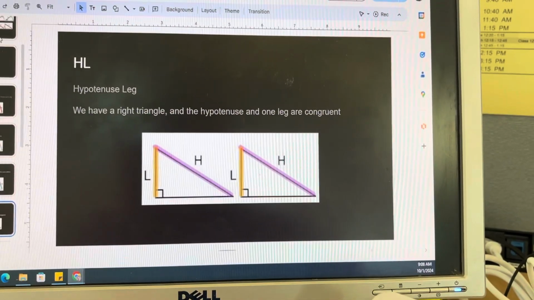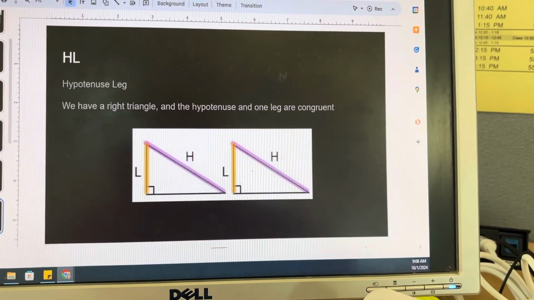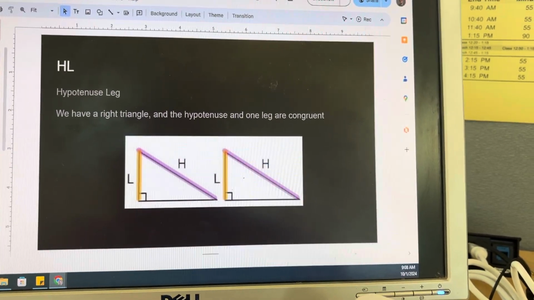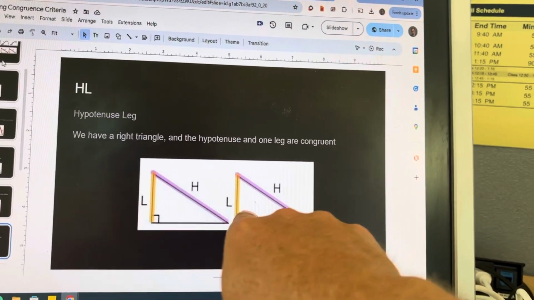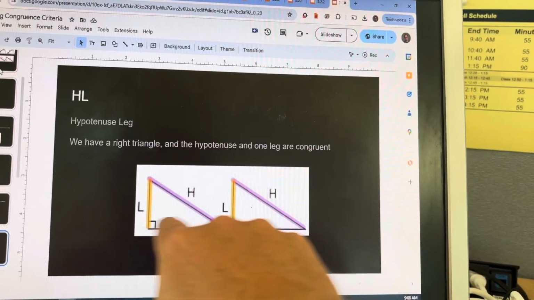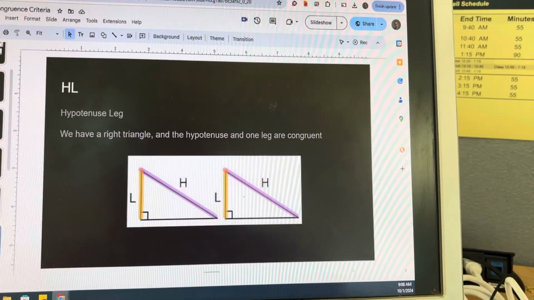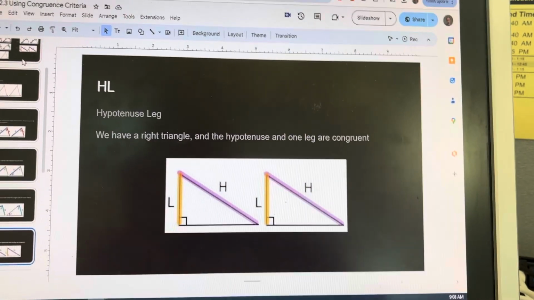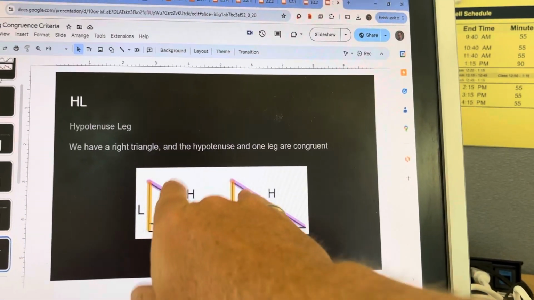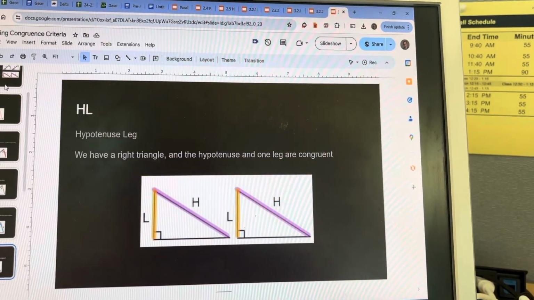Then we have hypotenuse leg. This is one of my favorites. If we have a right triangle, now we don't care that this angle is here, all right? What we care about is this angle proves that we have a right triangle, and then we have the hypotenuse and one leg.